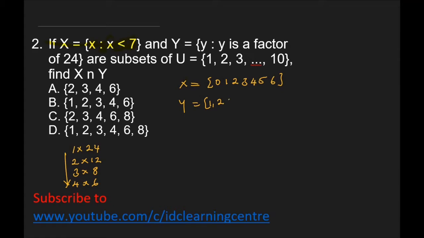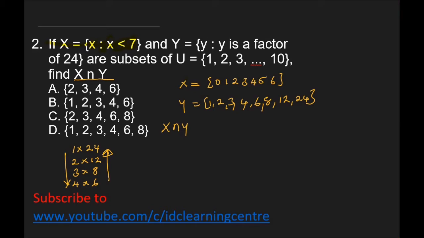They are 1, 2, 3, 4, 6, 8, 12, and 24. So the question finally says we should find x intersection y.